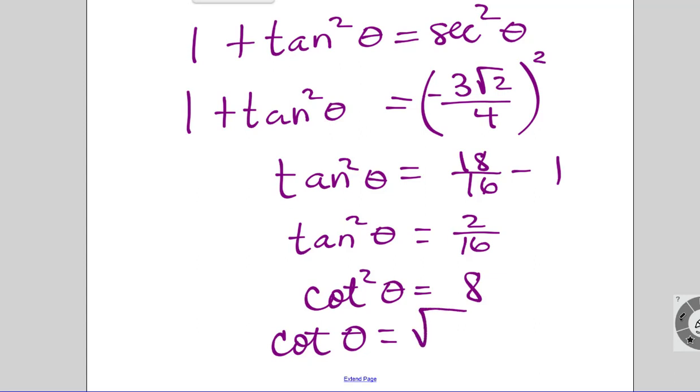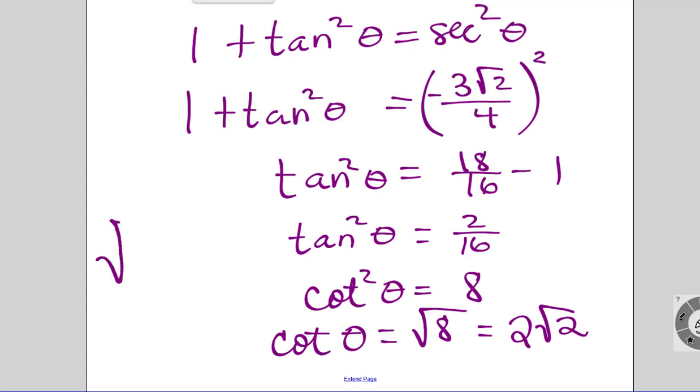Not 4. What's the square root of 8? 2. There's a little more than that. 2.25. He said 2.5. No. 2 square root 2. Right? 2 square root 2. Okay?